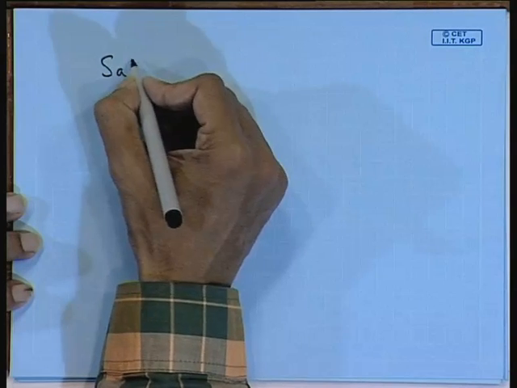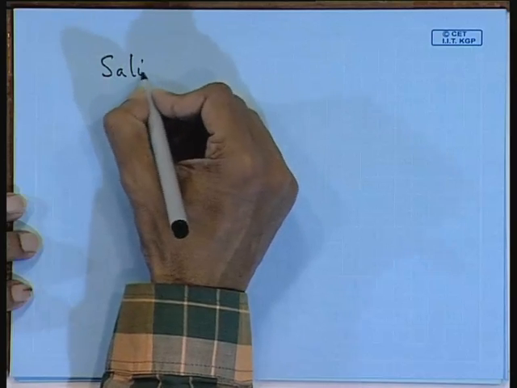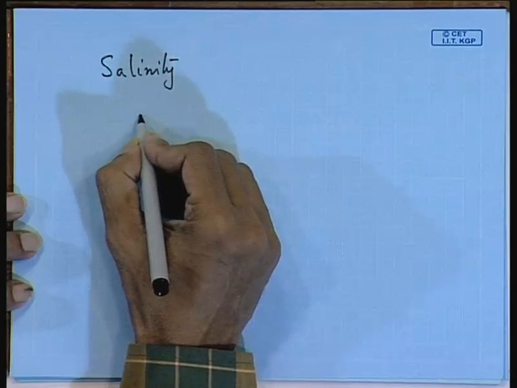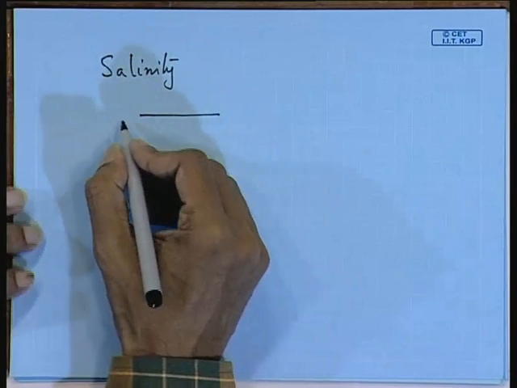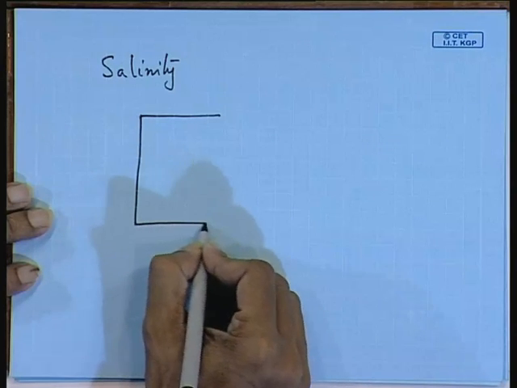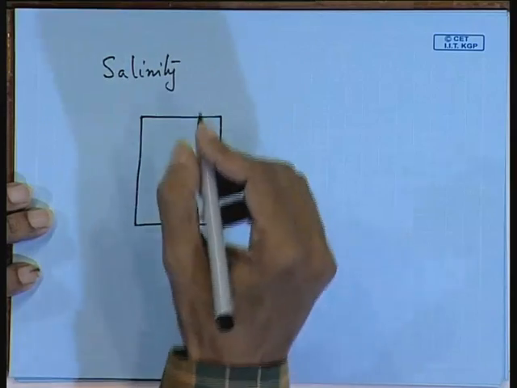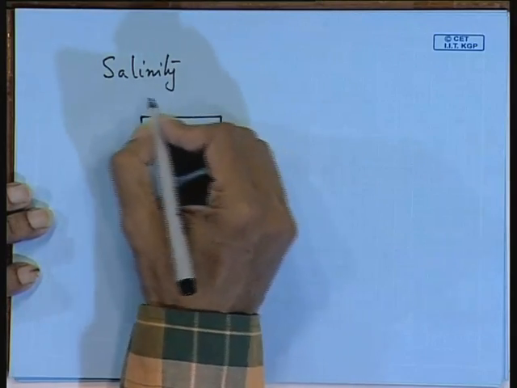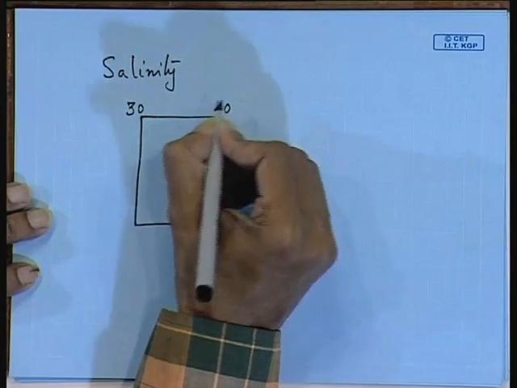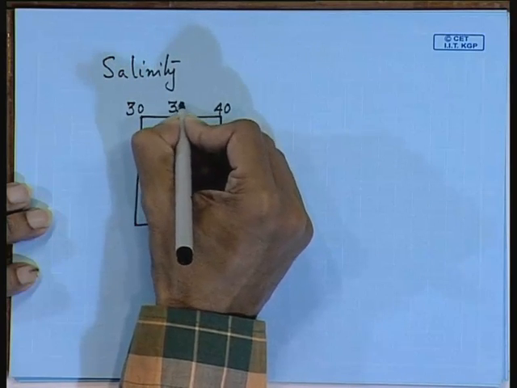Now, please do not talk, this is being recorded. Salinity increases from 30 to 40. Most of the ocean waters lie around 35 parts per thousand salinity.